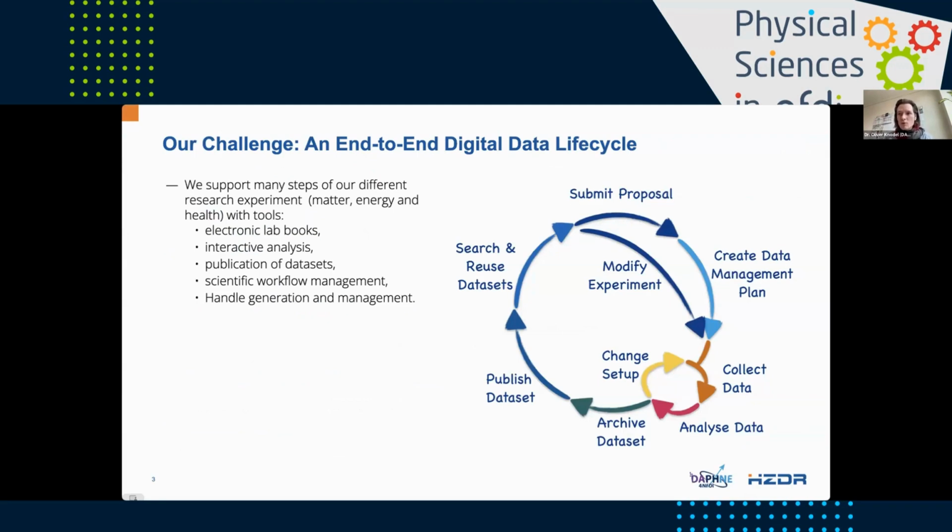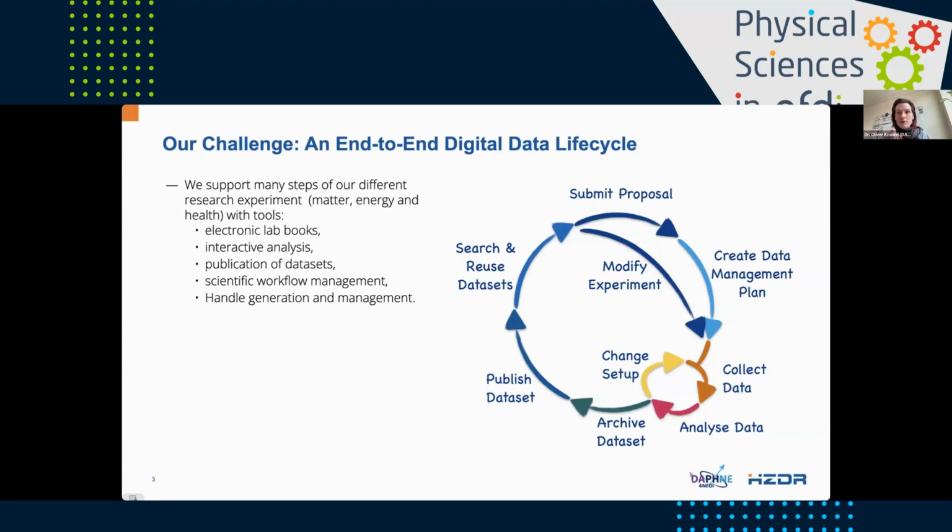And typically we want to support really everything. So on our research life cycle here on the right side, typically it starts with a proposal coming in to our center. Then in theory, we create a data management plan, collect the data, analyze the data. So there we are at the level of the analysis workflows and so on.